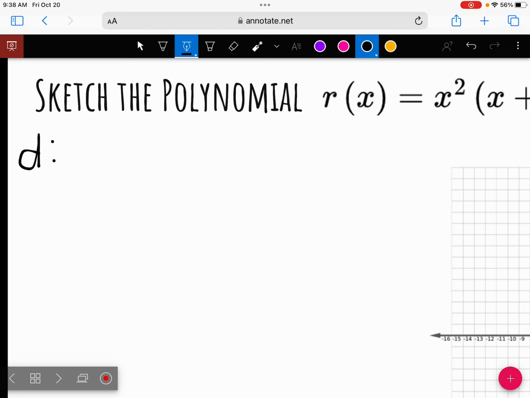What was it? Not 2. How many x's are being multiplied together? 6. I have x squared times x squared times x. There's 6 x's up there.